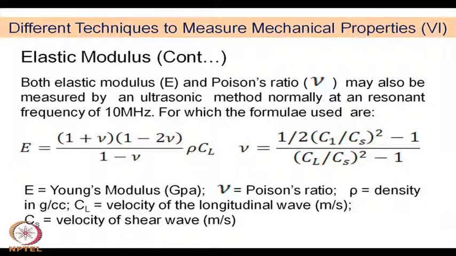So, in this technique both elastic moduli and Poisson's ratio may be measured by an ultrasonic method, normally at a resonant frequency of 10 megahertz, for which the formulas used are like this. In fact, what we have earlier seen in this course, there are piezoelectric transducers which can generate ultrasonic sounds or ultrasonic waves.